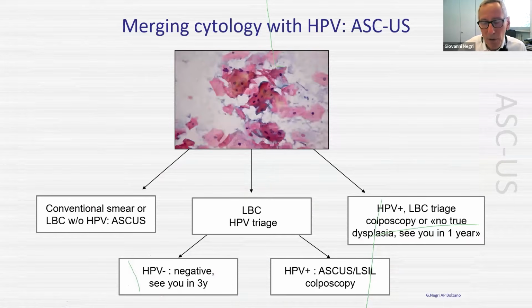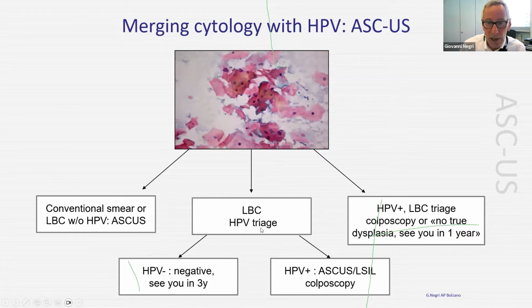Actually, the management of ASCUS really depends on your setting, whether you're working with HPV in the context of a primary screening or not. For example, if you use conventional smears, this case is probably going to be called ASCUS. Same if you have liquid-based cytology but no HPV triage.